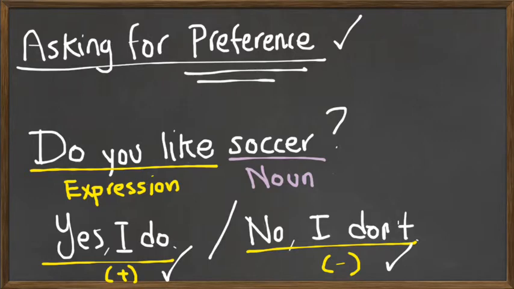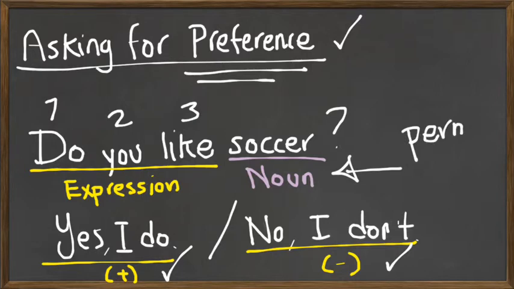But if the answer is no or negative, we can say no, I don't. The expression is very simple. Do you like? And here we insert a noun, which can be the name of a person, the name of an object, or the name of a place.